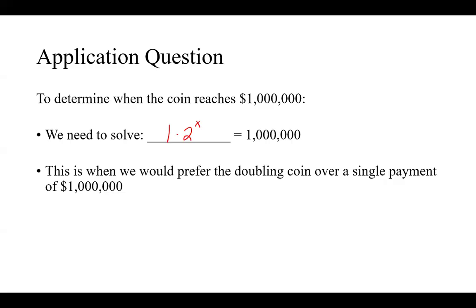And then you would figure out, is it better for them to give me $1,000,000 up front, or to just keep this coin and let it double every day in value?